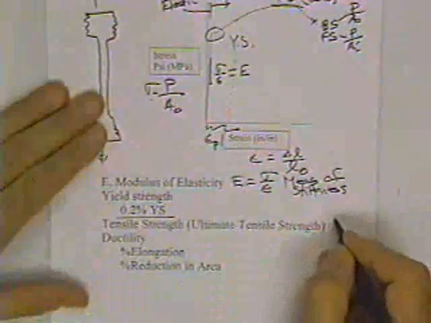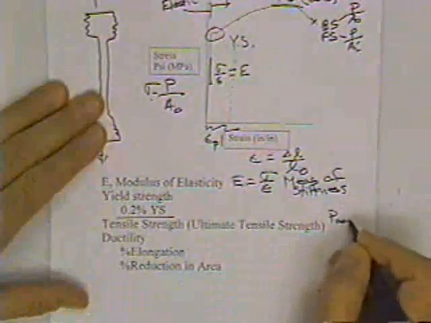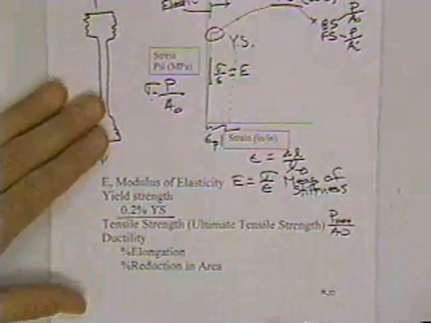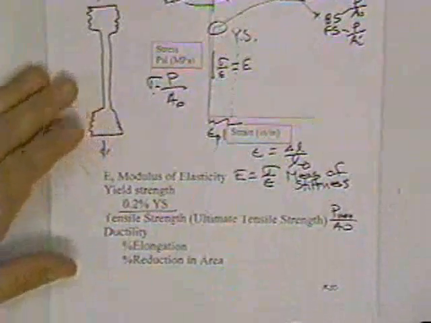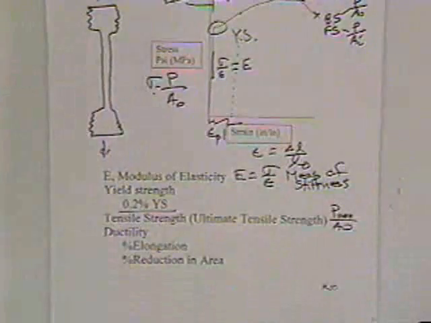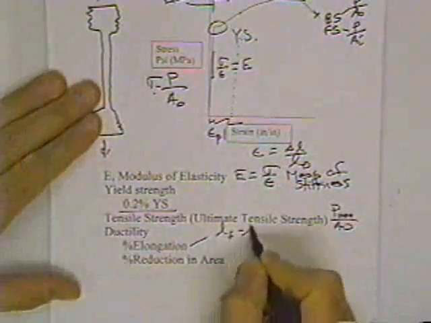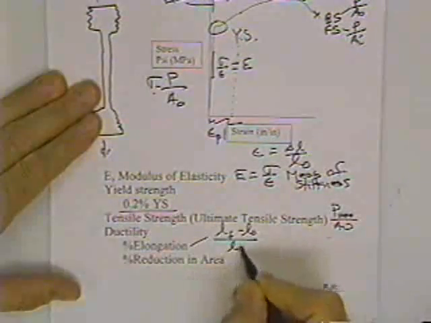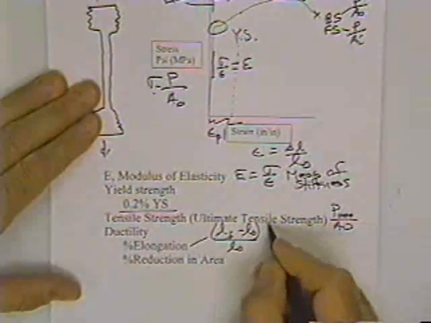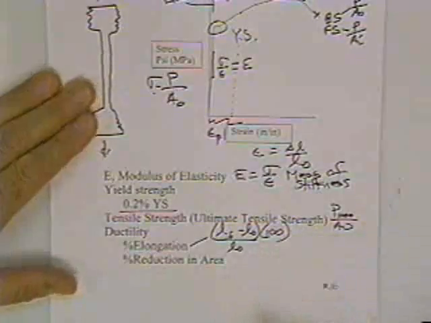We can also talk about the ultimate tensile strength, or the tensile strength. The ultimate tensile strength is defined as P max over A0. And ductility, there's really two ways of talking about ductility. One's the change in length, that's the final length minus the original length over the original gauge length, times 100.